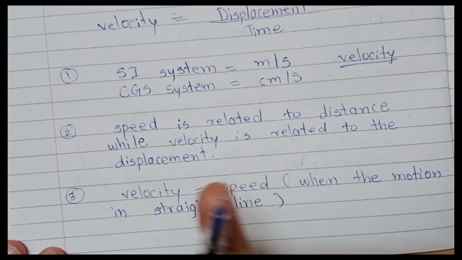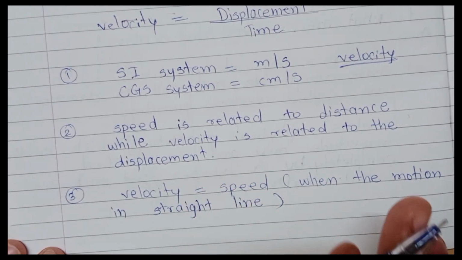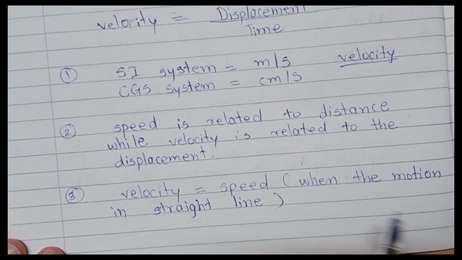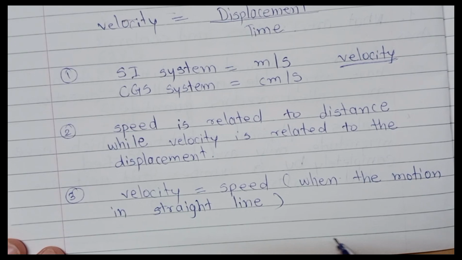The values of speed and velocity are the same. Otherwise, they can be different. If they are not in a straight line, then they are different.